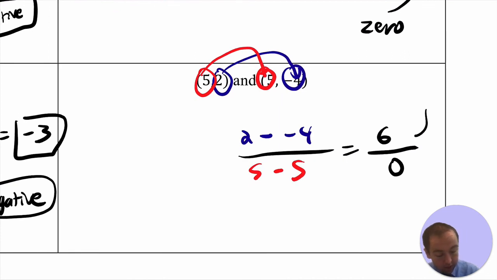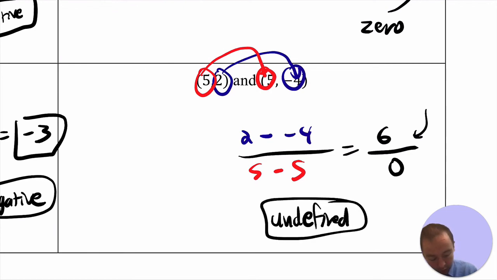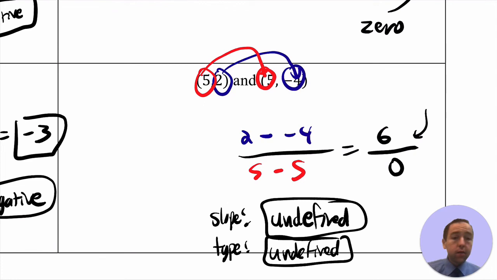So you don't want to say 6 over 0 is the slope. Really, you want to say that the slope is undefined, and in terms of the type of slope, the type also ends up being undefined. So this is the only type of slope where you don't really get a number for what the slope is, which is just undefined because whenever you divide by 0, it's not a number, it's just undefined.